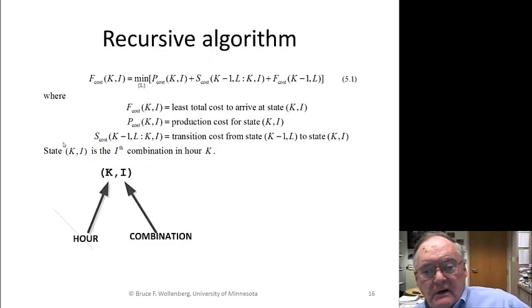So here's what I put on here. When we see this up here in parentheses, the first is an hour and the second one is a combination.